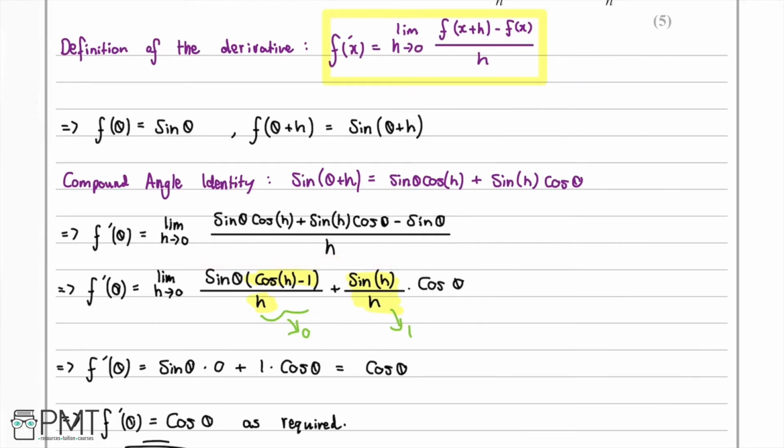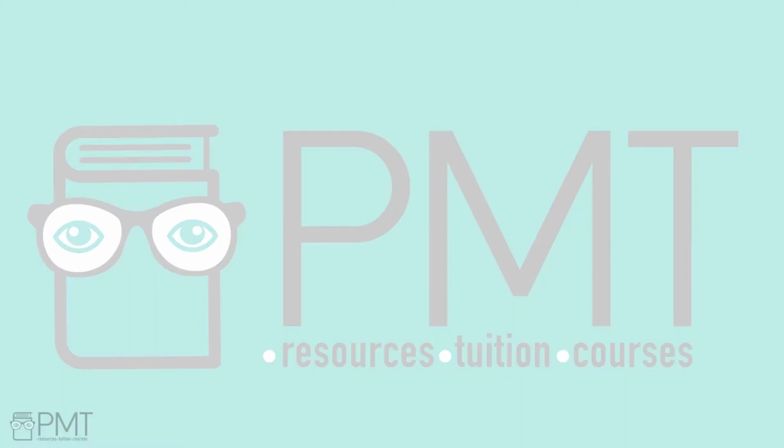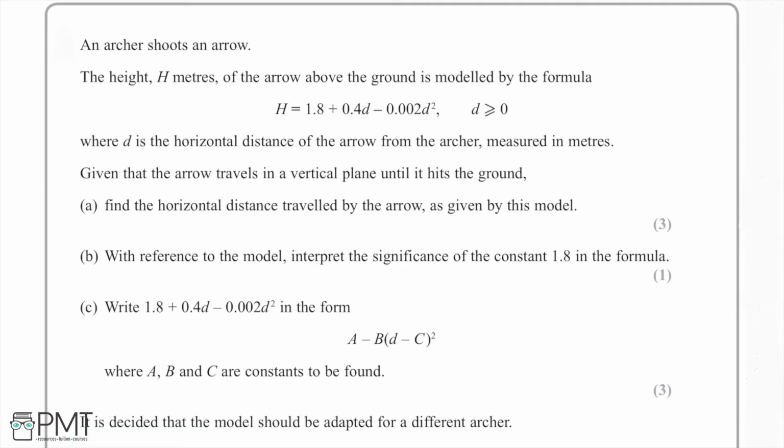We receive the fourth mark for identifying the common factors, and we receive our fifth mark for taking these limits and following through to get to the required answer that f dash theta is equal to cos theta.